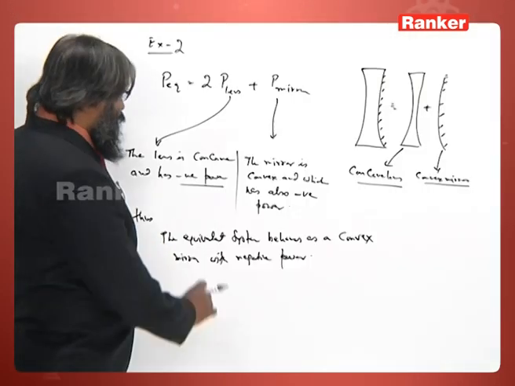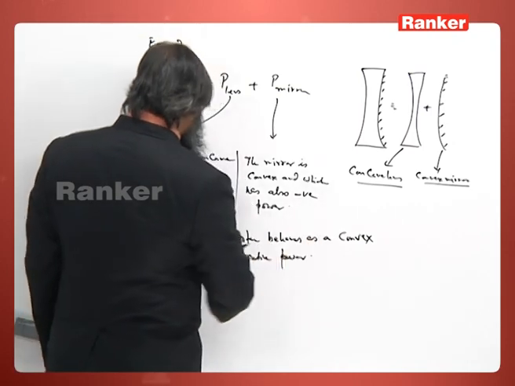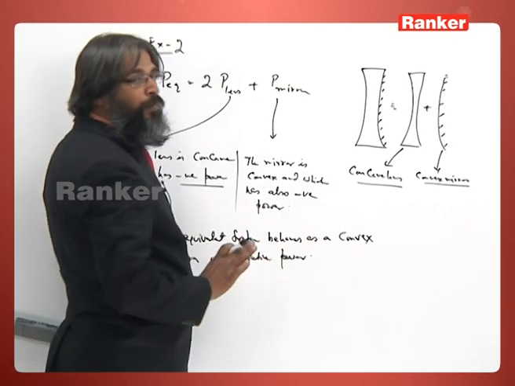So, thus the equivalent system behaves as a convex mirror with negative power.